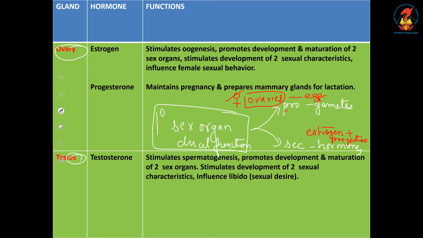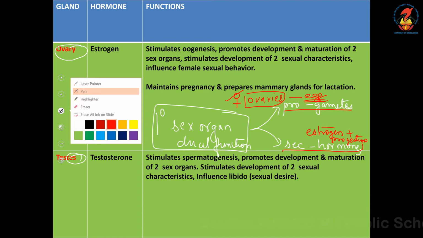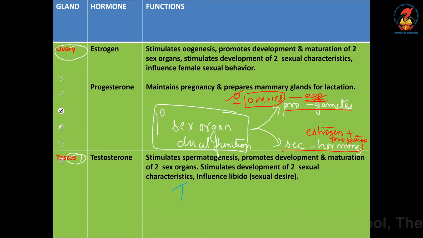Why? They produce the gamete, egg, and they secrete two hormones, estrogen and progesterone. Now in males, I am giving another color, say blue color. In males, it is the testis. That is the primary sex organ. It produces the gamete, sperms, and secretes the hormone testosterone.